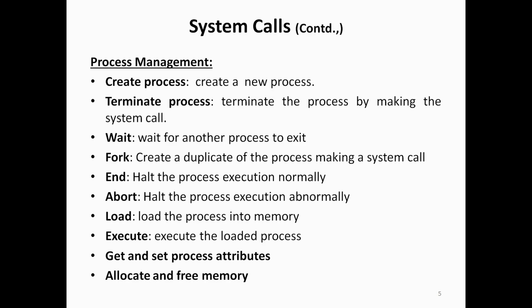We know there are different stages in which a process can execute, and for each stage we have a separate system call: for creating a process, terminating a process, making the process wait, or, if any error occurs in an application program, aborting the process at a particular instant of time. All these tasks are taken care of by the process management system calls.